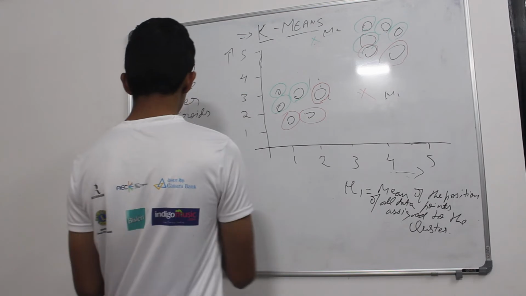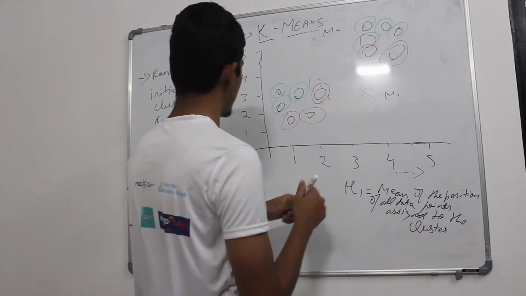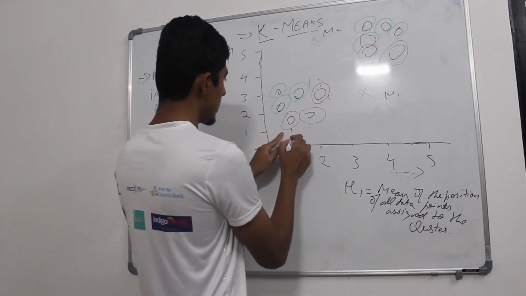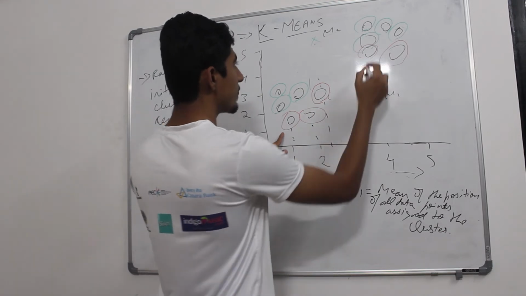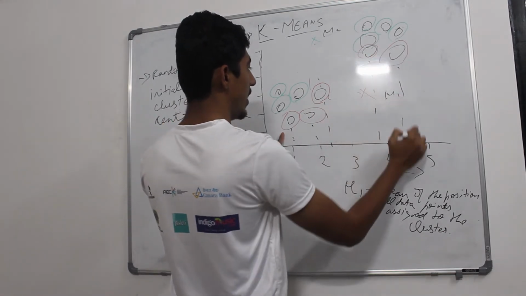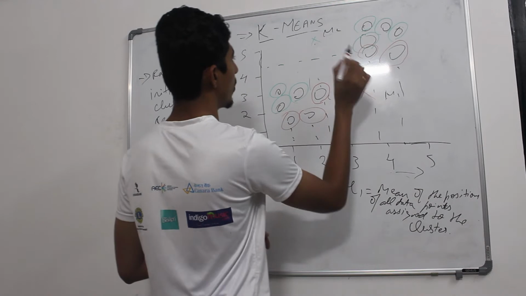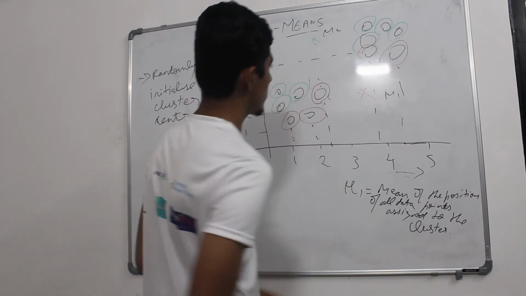Now let's consider a vague example. These are its x-axis values, and it has its own corresponding y-axis values as well.